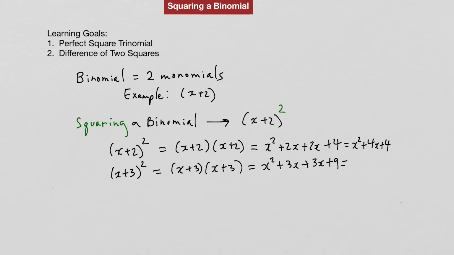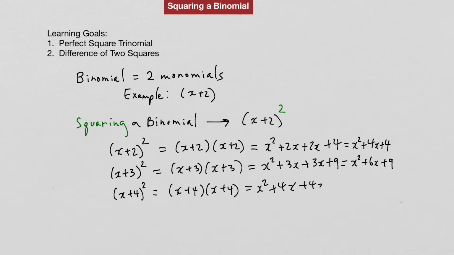Adding the like terms together, we would get x squared plus 6x plus 9. Then one more example, x plus 4 squared, that gives us x plus 4 times the quantity x plus 4. Using the FOIL method again, we would get x squared plus 4x plus 4x plus 16, which equals x squared plus 8x plus 16.